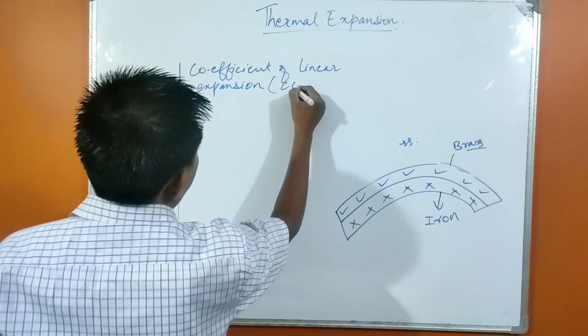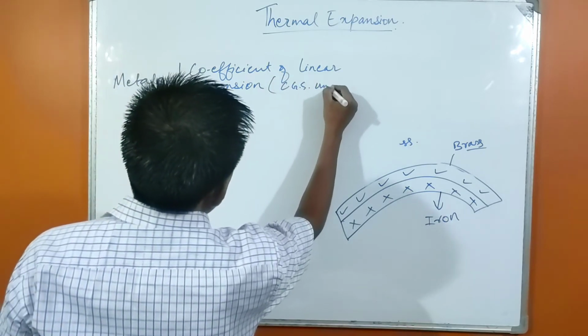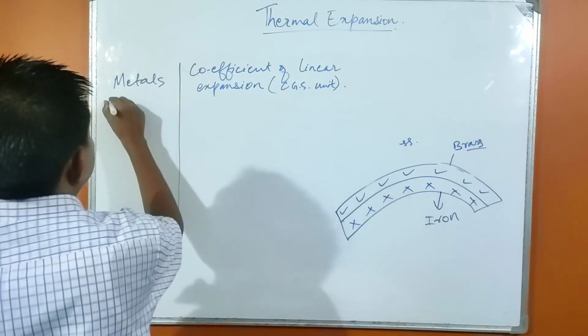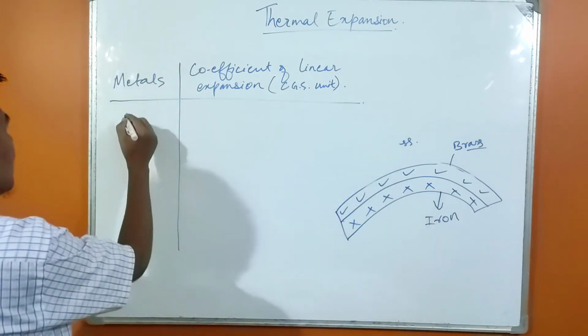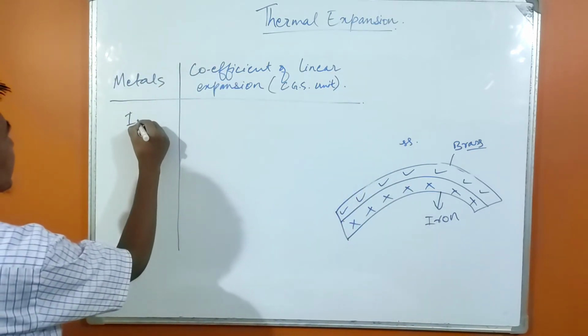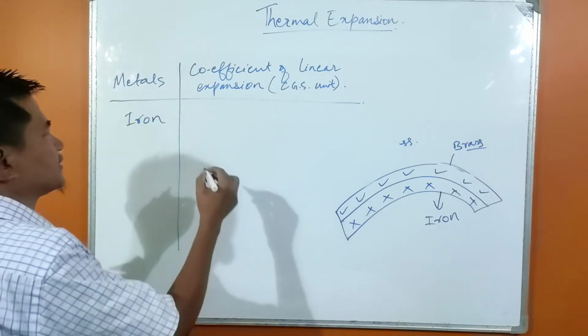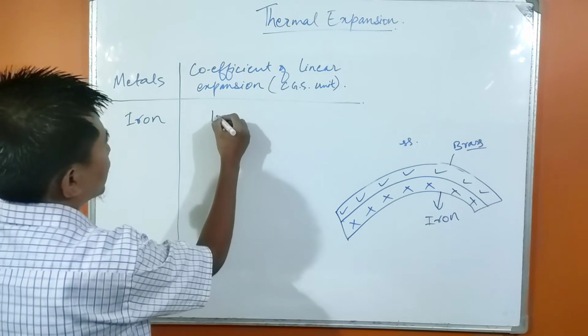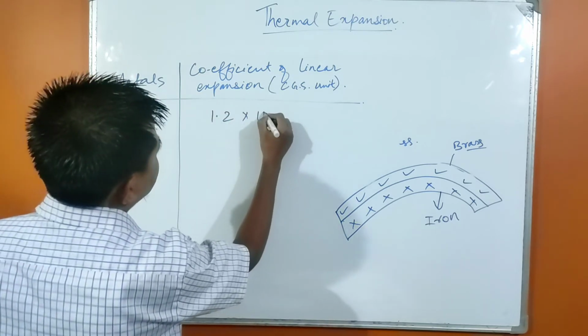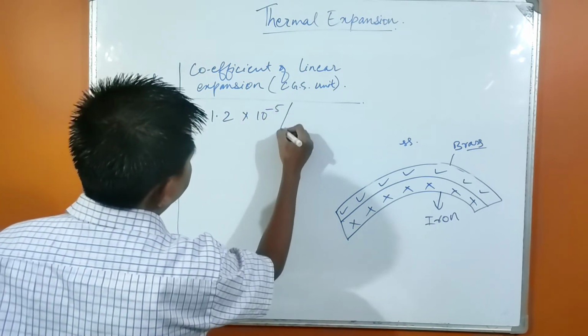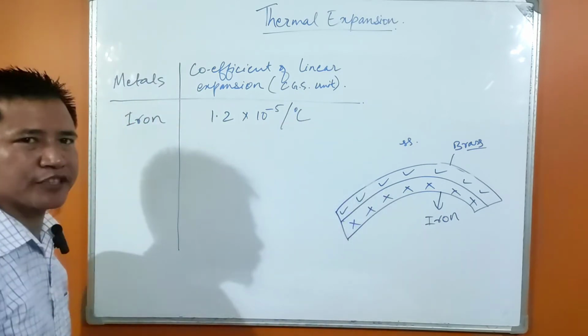I'm writing this in CGS unit. If the metal is iron, the coefficient of linear expansion of iron in CGS unit is 1.2 × 10^-5 per degree Celsius rise in temperature.